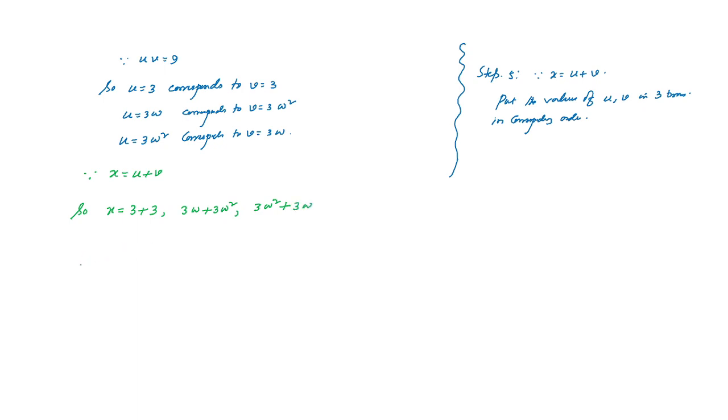So that means our x equals to 6, 3 into (omega plus omega square), 3 into (omega square plus omega). What we know, omega is imaginary cube root of unity. So that means 1 plus omega plus omega square equals to 0. And here we can write omega plus omega square equals to minus 1. So that is x equals to 6, minus 3, minus 3. So thus we get the solution.